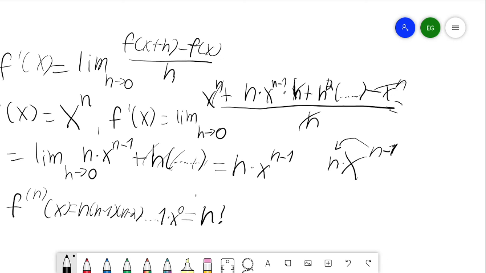So a cool thing to know is that the nth derivative of x to the n is n factorial.